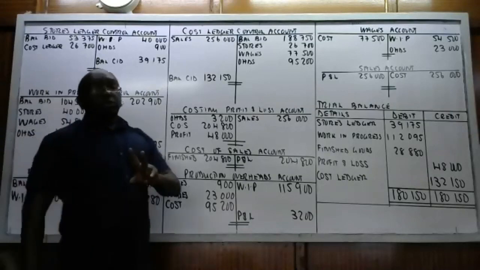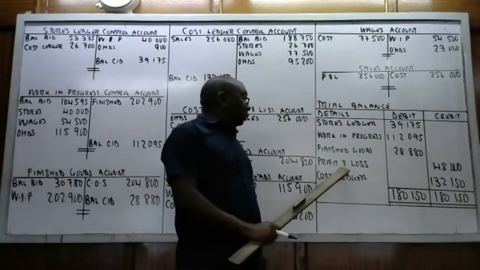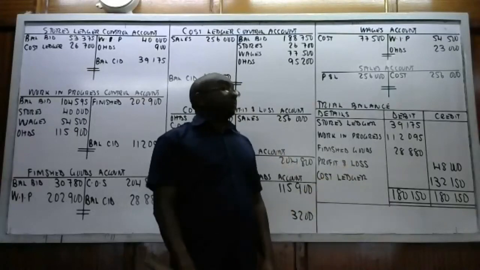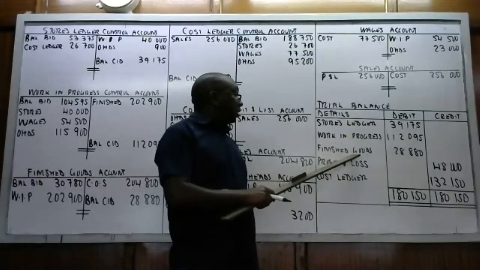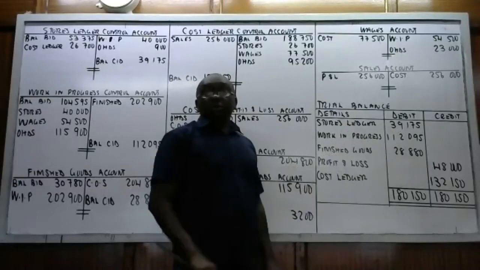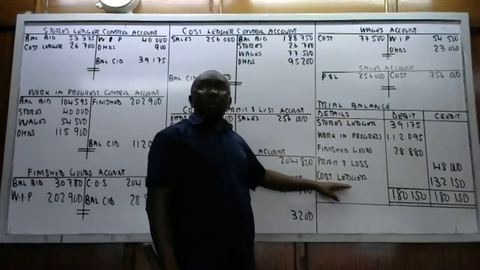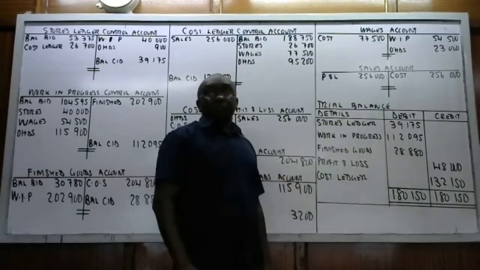Now, there are three things we need to note about the trial balance. One, these three will always be debit because they are assets. This cost ledger or finance ledger will always be credit because it is the opposite of the first.